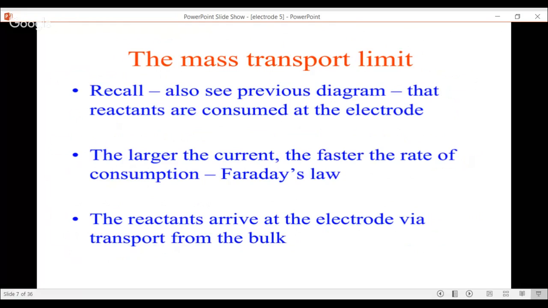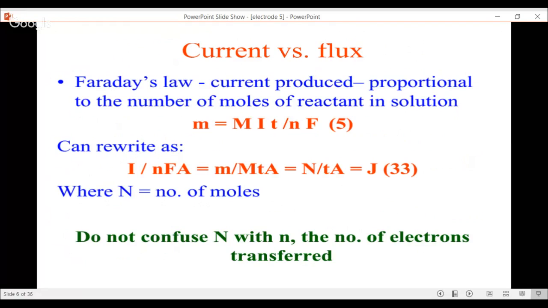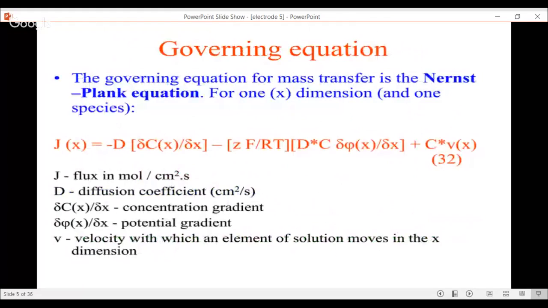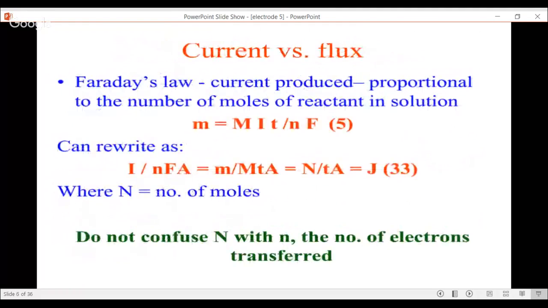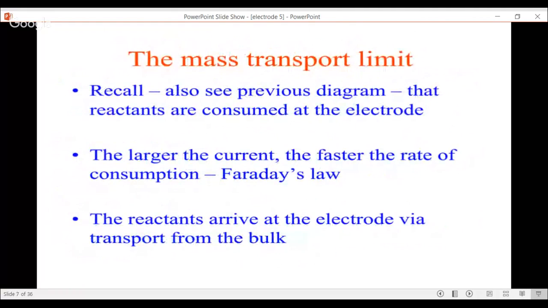So therefore, we want to make one of these three transport phenomena, migration, diffusion, and convection, predominant. The larger the current, the faster the rate of consumption. That is Faraday's law. The reactants arrive at the electrode via transport from the bulk.